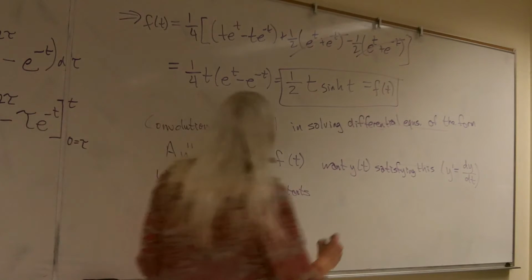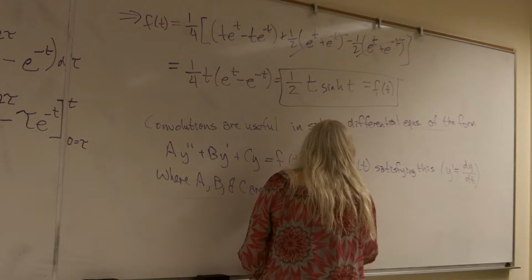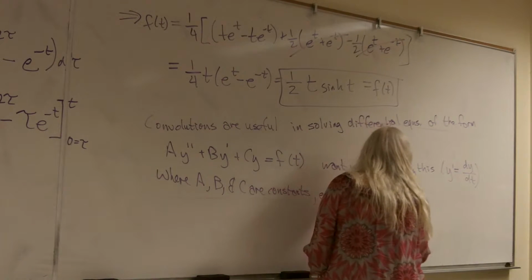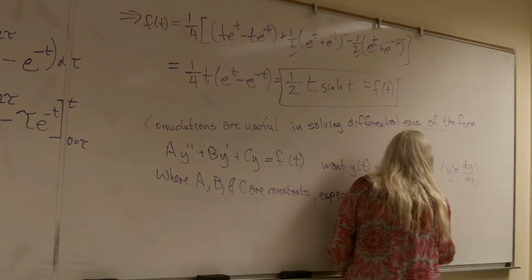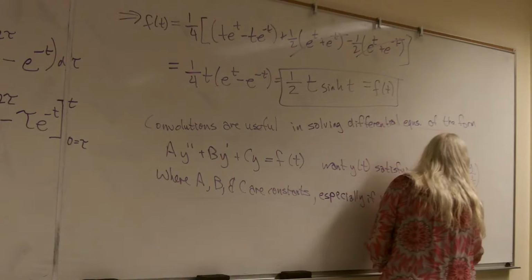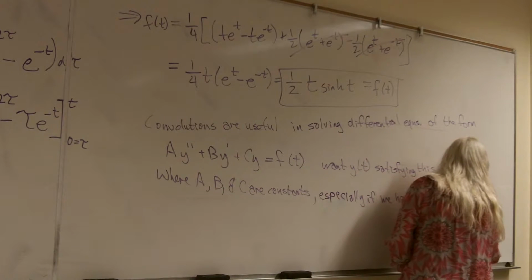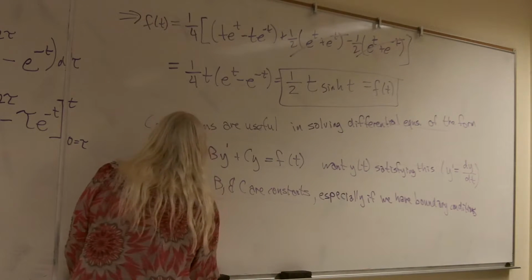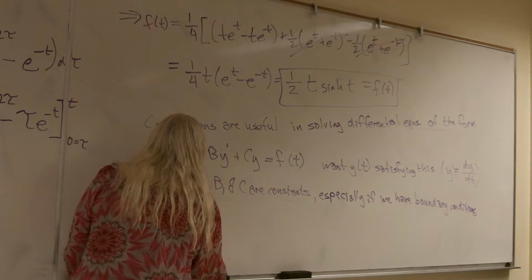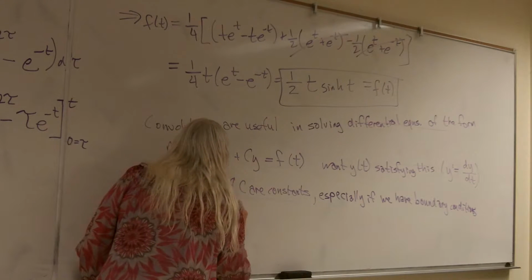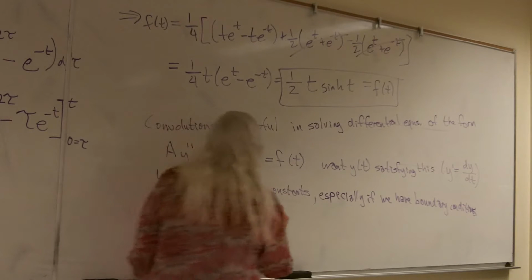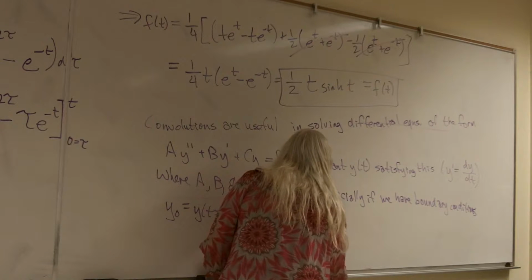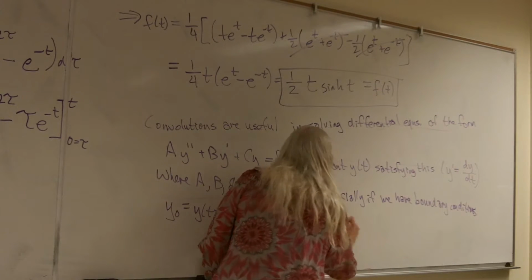And this is especially true if we have boundary conditions where y naught, in other words, y at t equals 0, is equal to 0, and y naught prime, in other words, y prime evaluated at t equals 0, is also 0.